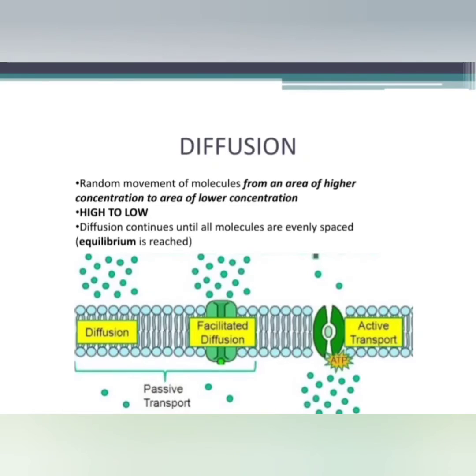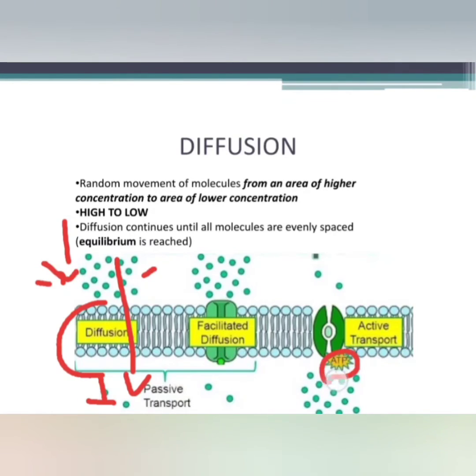Just as here you can see, this is diffusion. This is happening across this cell membrane. From outside of the cell, molecules are moving towards inside the cell. There is higher concentration and lower concentration, and no ATP is required as in active transport.